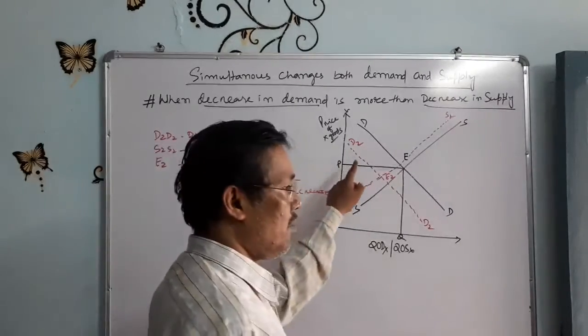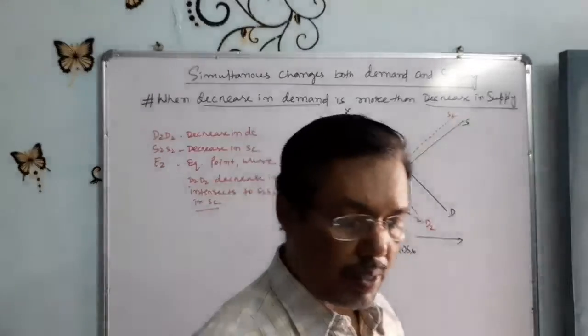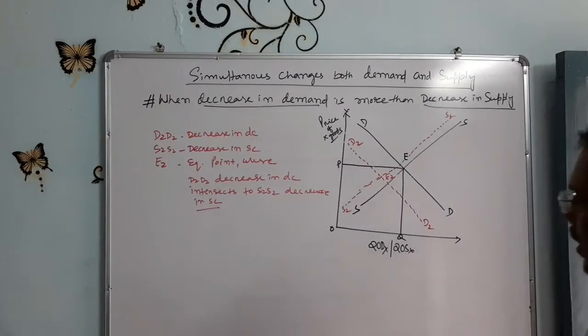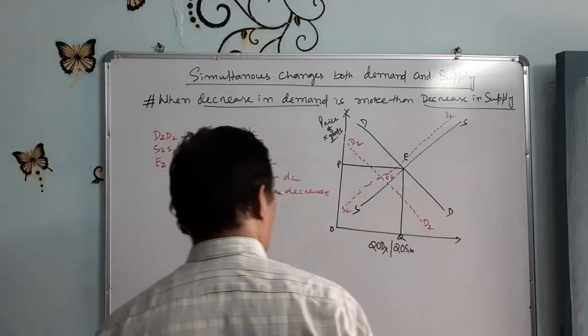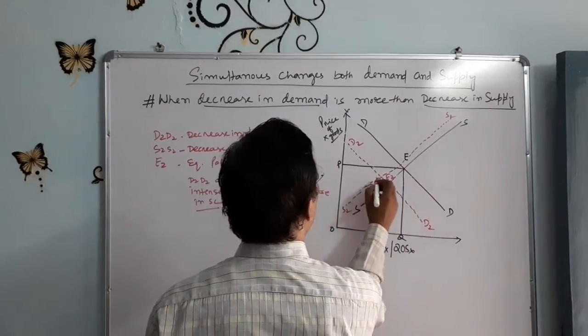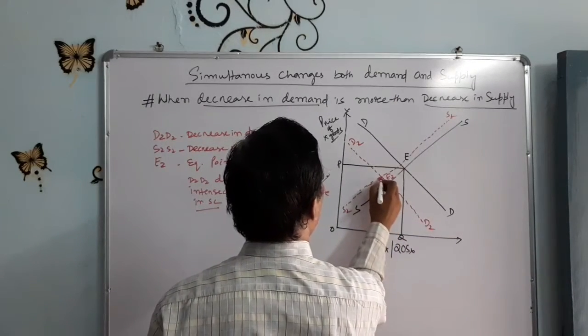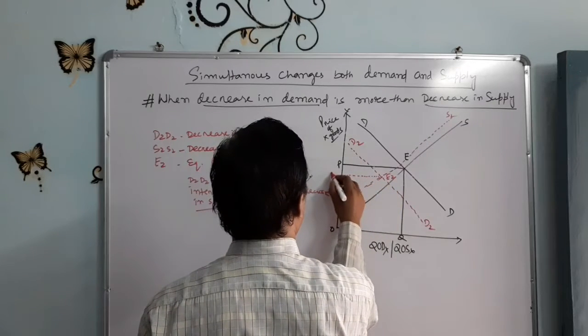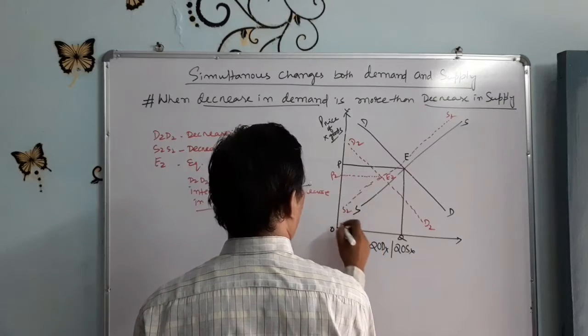But the decrease in demand is more than the decrease in supply. So as a result, we got the new equilibrium point and equilibrium price. How much will the equilibrium price be? When we draw a perpendicular line toward the OY axis, OP2 is the price.